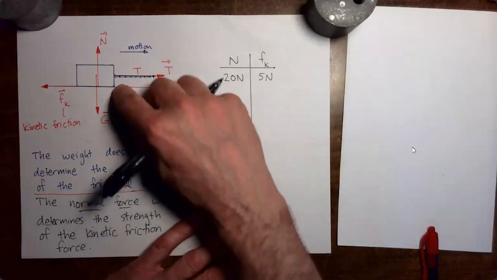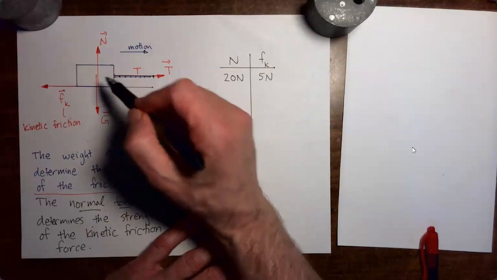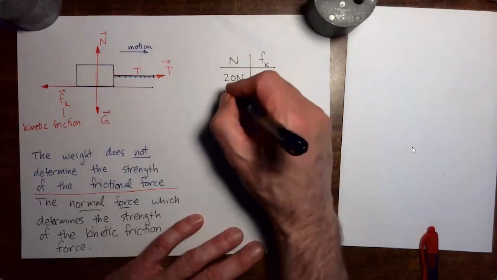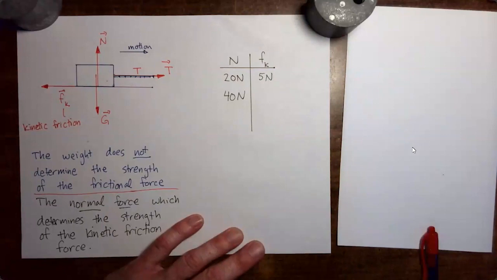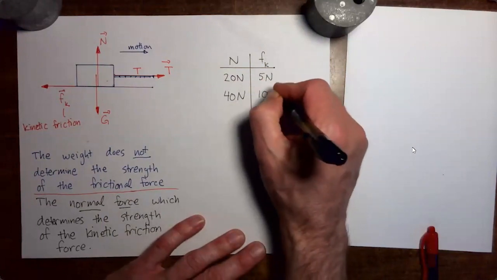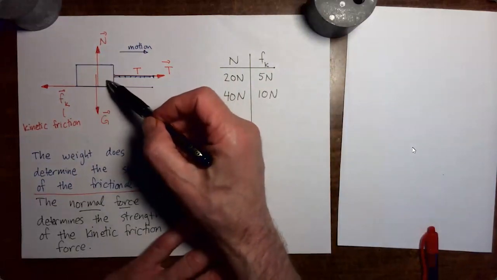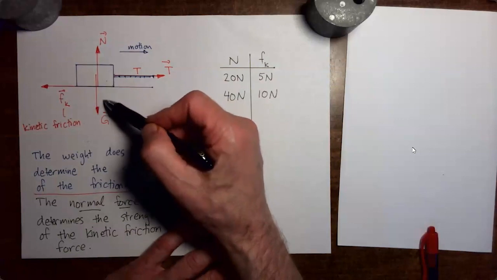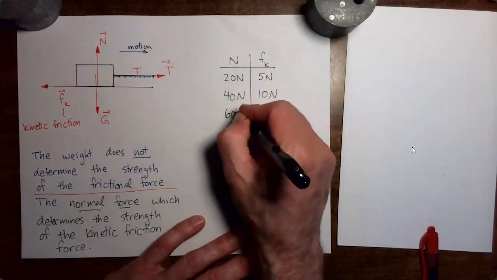Then when the weight of the box and its contents was 40 newtons, we would have had a 40 newton normal force pointing up to support the box against the pull of gravity. And with the 40 newton normal force, the strength of the kinetic friction force was 10 newtons. When I had 60 newtons worth of stuff in the box, gravity was 60 newtons down, the normal force would have been 60 newtons up.